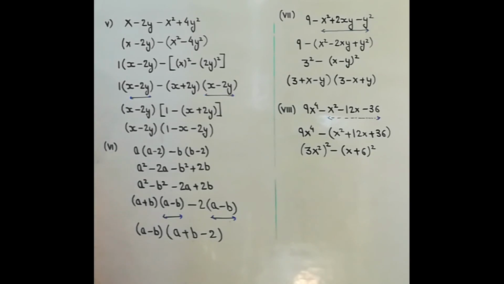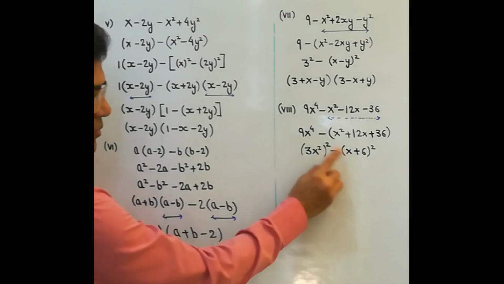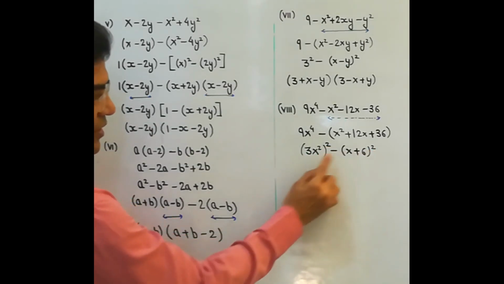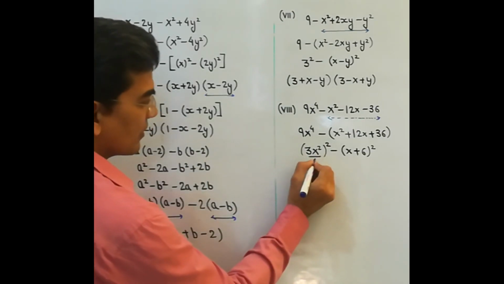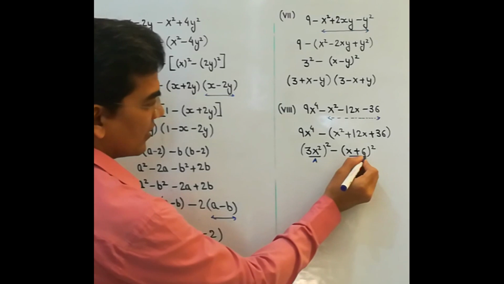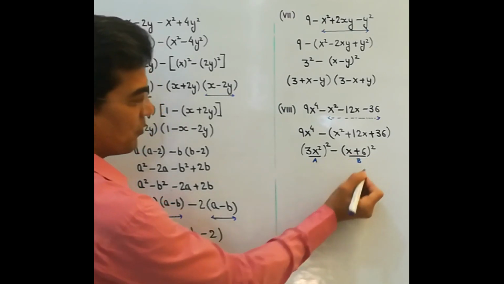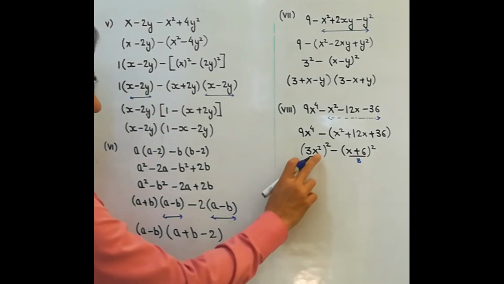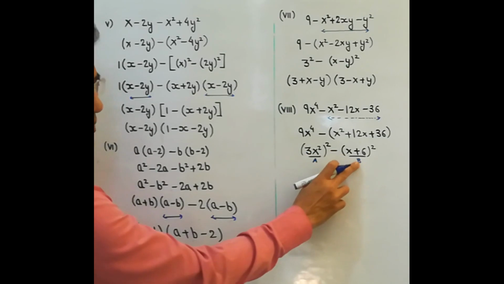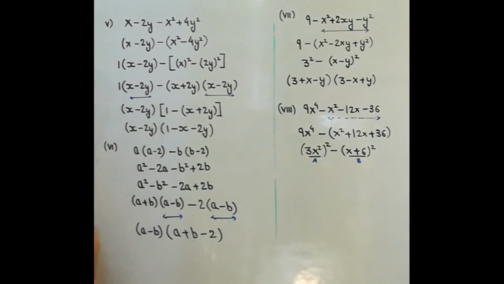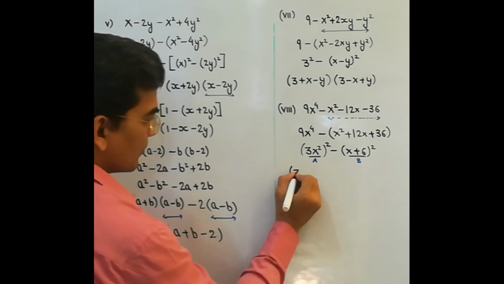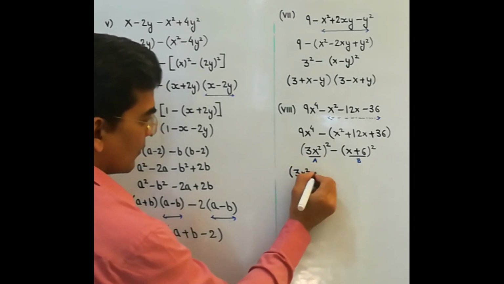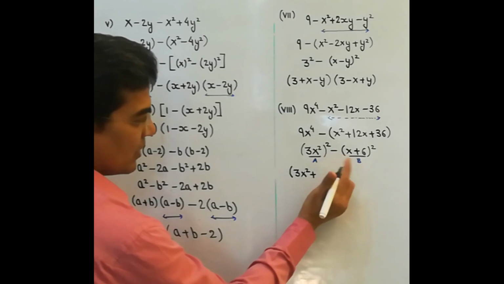Now we have got, see, two squares. One is this whole square minus the other is this. So what is written in the first bracket? This is your a. And what's written in the second bracket? This is your b. So we can read it as a square minus b square. And the factorization for it is a, and then we have plus b.